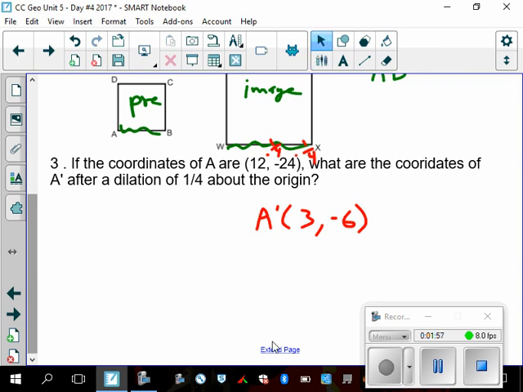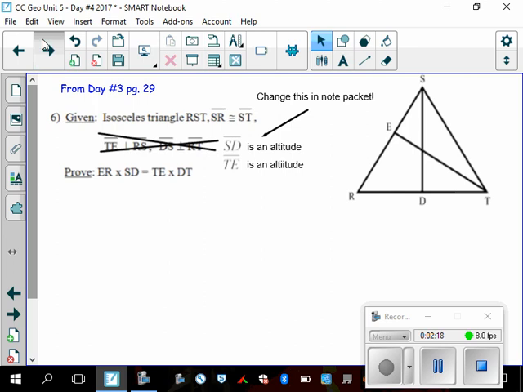Okay, so the first thing that we're going to do is we're going to finish up a proof in our packet that we didn't get to. Okay, so I'm on page 29.